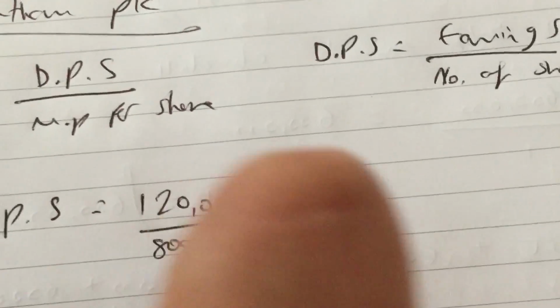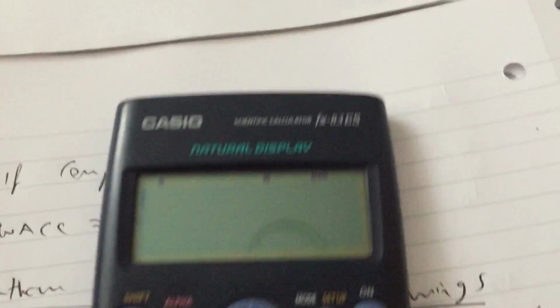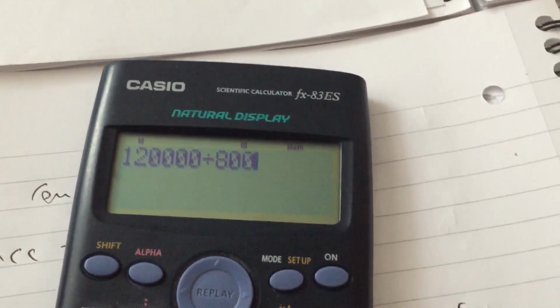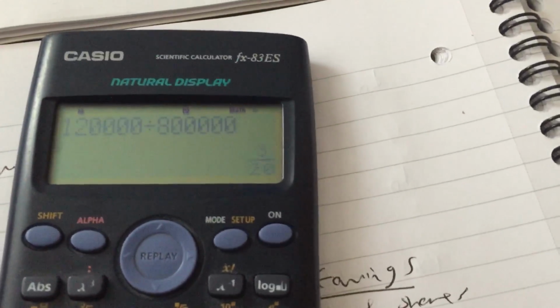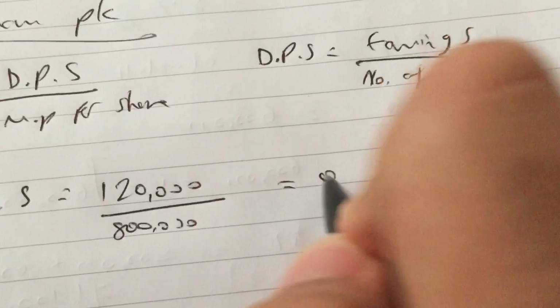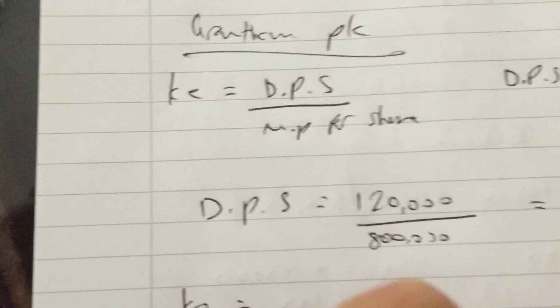120,000 divided by 800,000 equals 0.15. And our cost of equity equals dividends per share, 0.15, divided by market price per share.